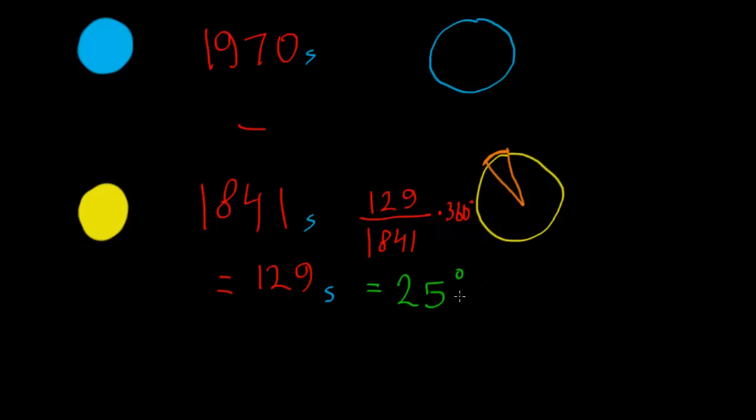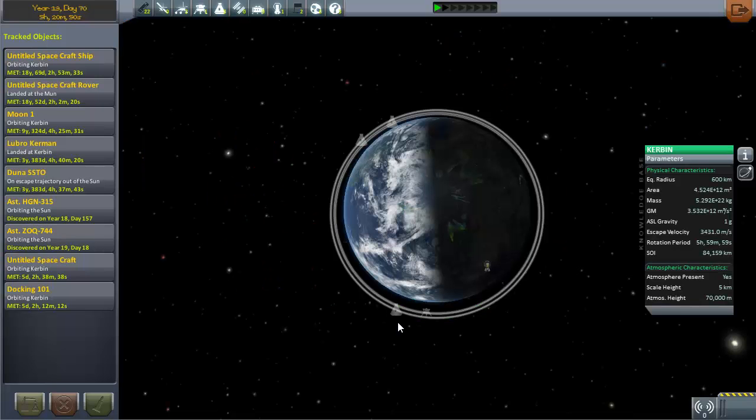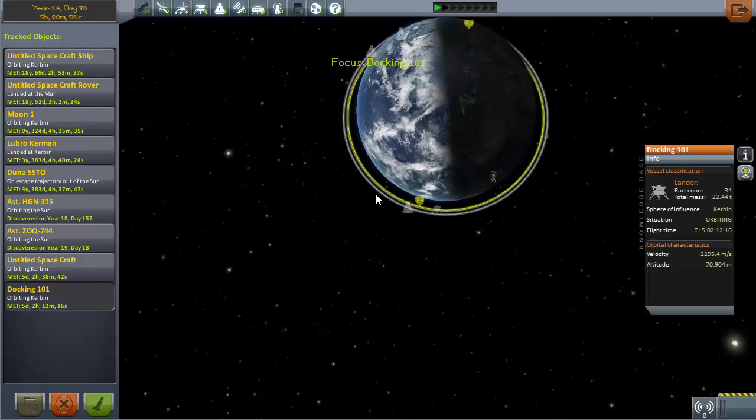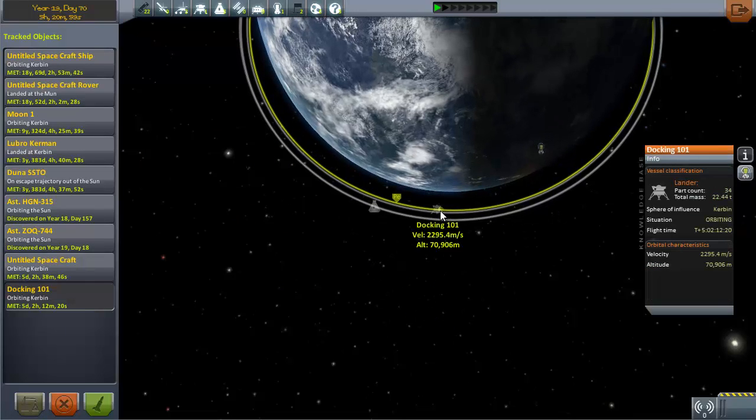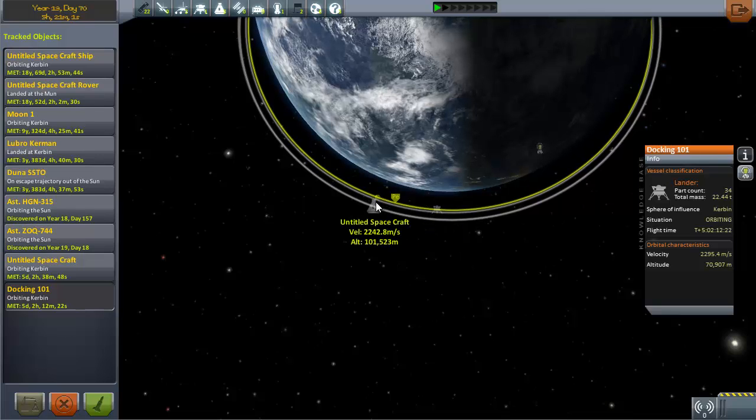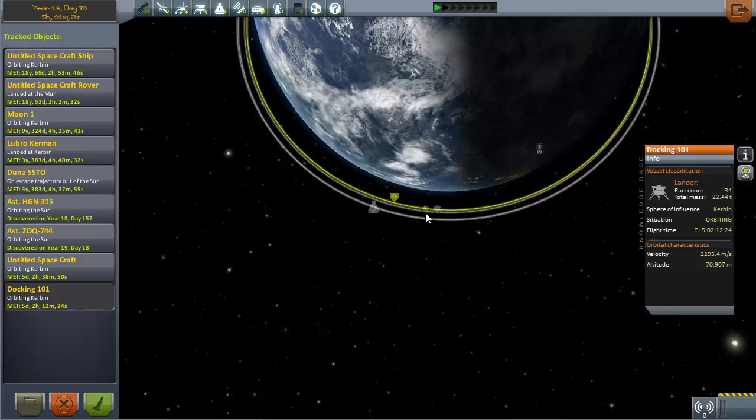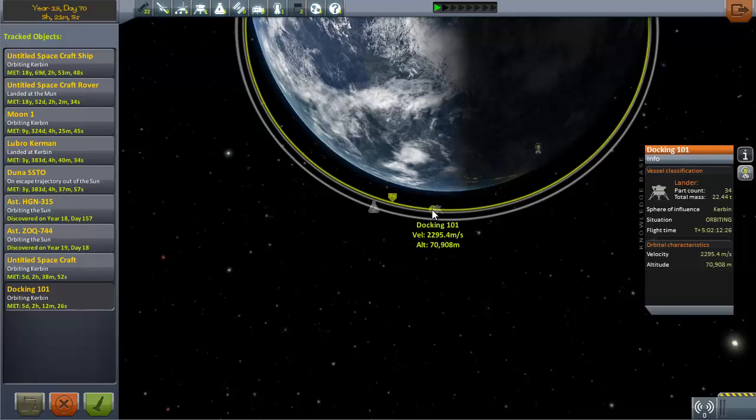So what does this mean? This means that every orbit, this yellow spaceship, the bottom spaceship, will cover a 25-degree arc and will catch up with the blue spaceship, or will move away from the blue spaceship by 25 degrees. So let's go here, I'll show it to you visually. I'm going to zoom in on this spaceship. And so after one orbit, the difference in this angle right here is going to be plus 25 degrees.